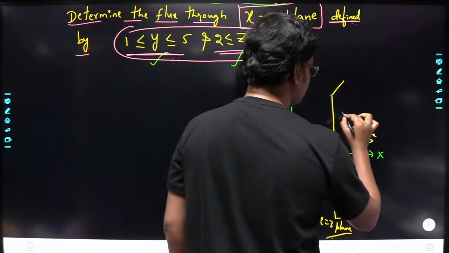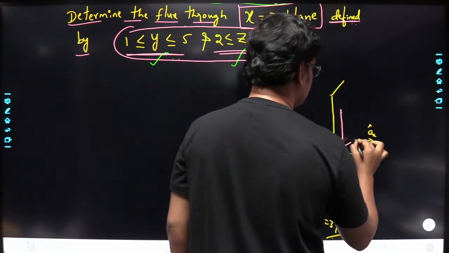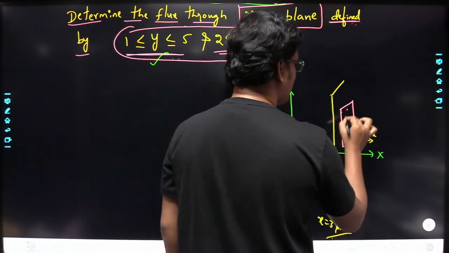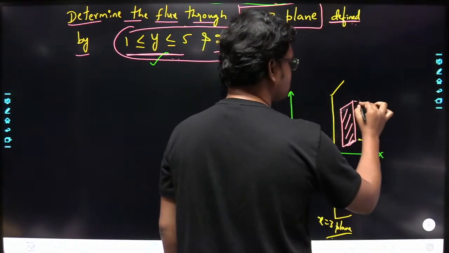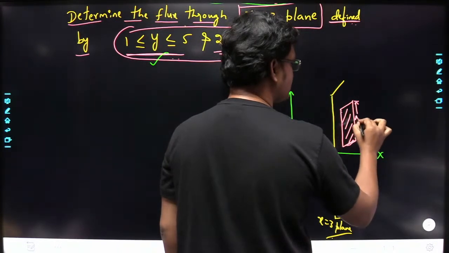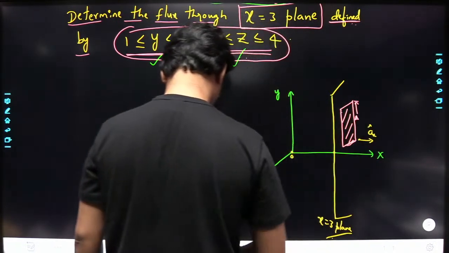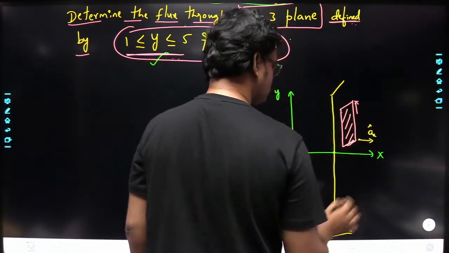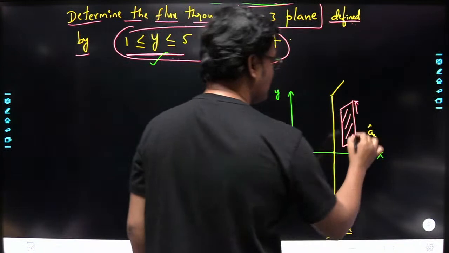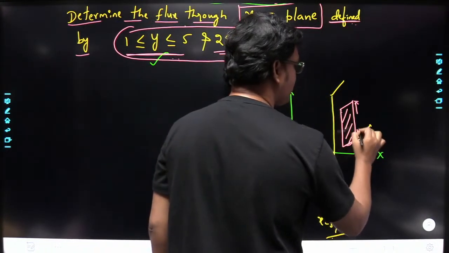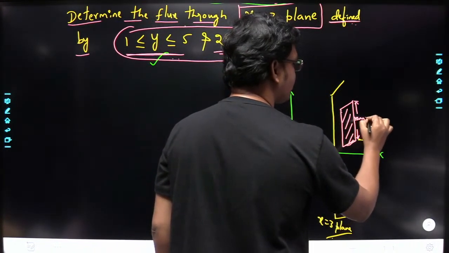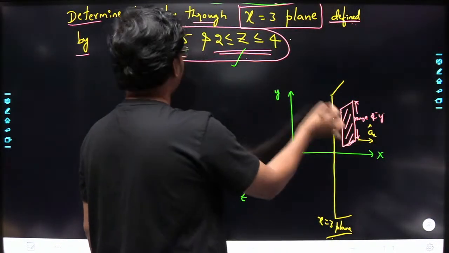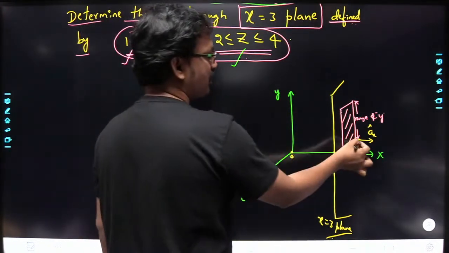You have to consider only a part of the region. So this represents y, yes or no? From here to here represents the range of y. So this y is ranging from 1 to 5.